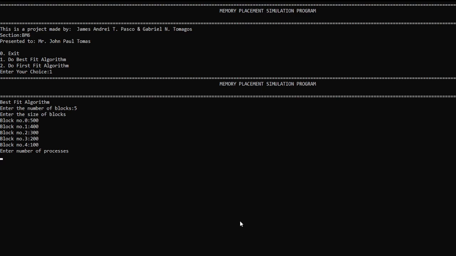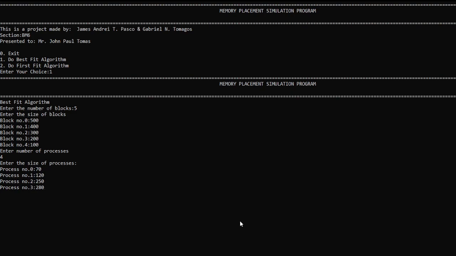For the number of processes, we put it to 4 and set its allocation. The processes that we use are 70, 120, 250, and lastly 280.